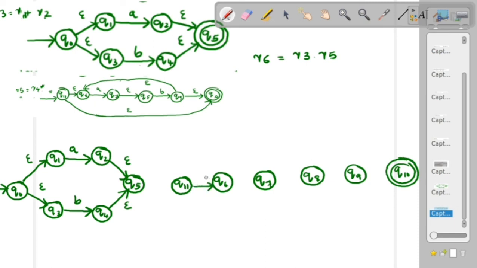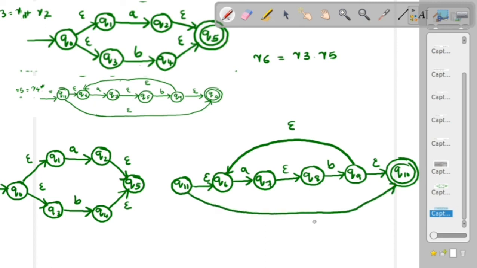So here it is epsilon transition, A transition, epsilon transition, B transition, epsilon transition, then from Q9 to Q6 epsilon transition, Q11 to Q10 epsilon transition. Then we combine Q5 and Q11 using epsilon transition.